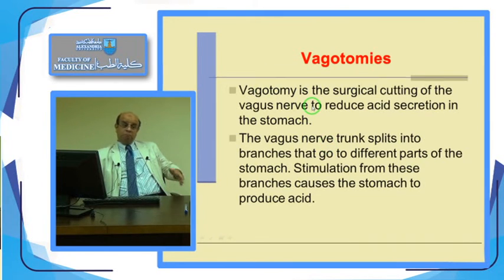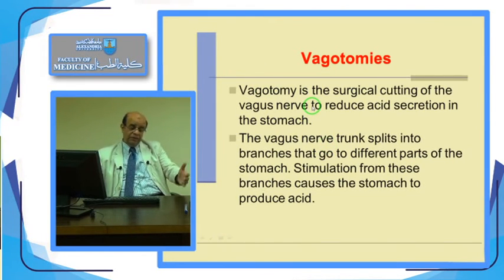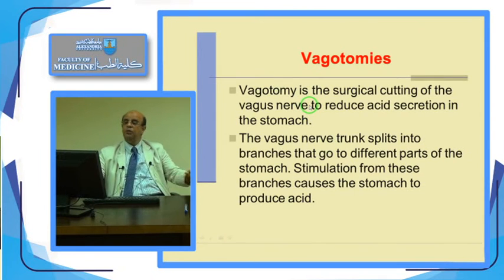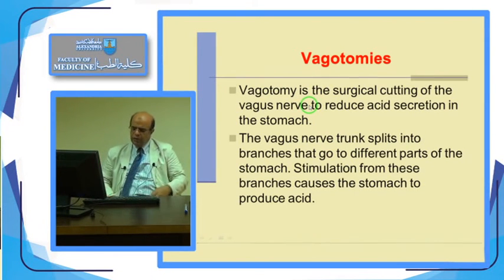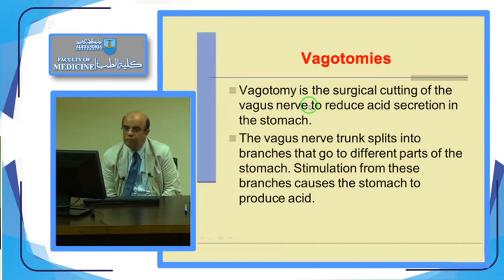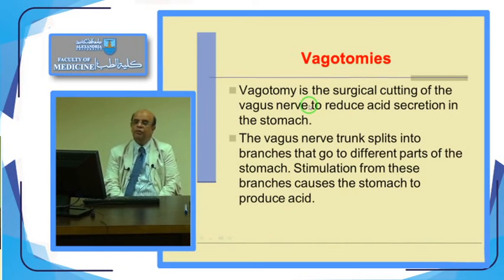Vagotomies. Around the esophagus, we have seen that there is a right vagus and a left vagus. There is an operation that we do less now, because medical treatment is good for peptic ulcer, but vagotomy has usually been done for the treatment of gastric peptic ulcer.